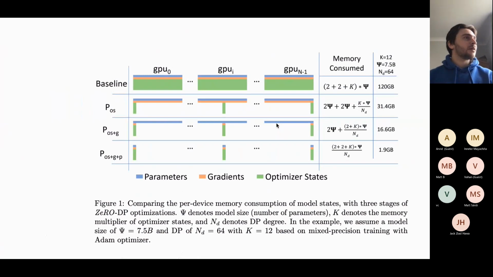The first thing I didn't know is that when you're training a deep learning model, the largest consumption of memory is by your optimizer. I always thought it was by your model, but it's actually your optimizer. A lot of that has to do with the fact that the optimizers that we use today are not just stochastic gradient descent.